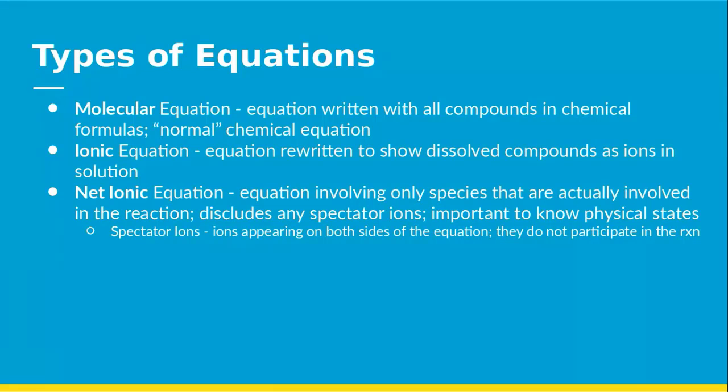You can cancel those out. Once you've canceled out all of your spectator ions, you rewrite it with whatever is left over, and that's going to be your net ionic equation, because it will typically show you a reaction occurring between two ions. I mean, it's usually going to be a solid product, which is together and does not break apart into ions.